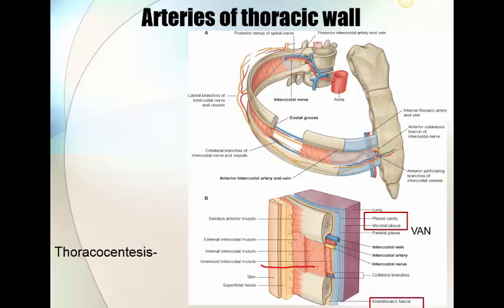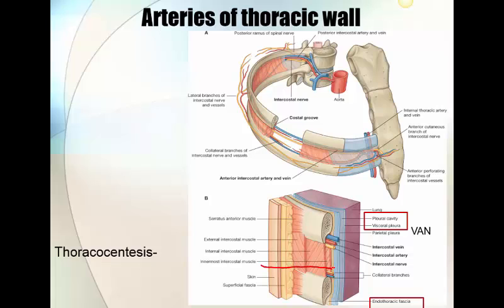This way you'll avoid hitting these collateral vessels and the nerve, and these are rather small. So when you go here, you will pass through skin, superficial fascia, external intercostal muscle, internal intercostal muscle, innermost intercostal.